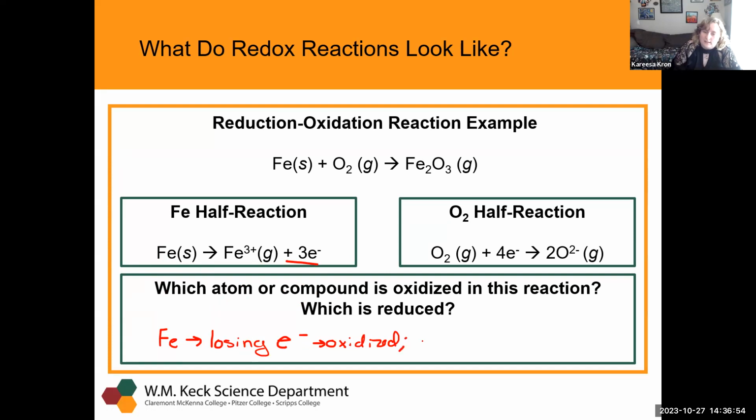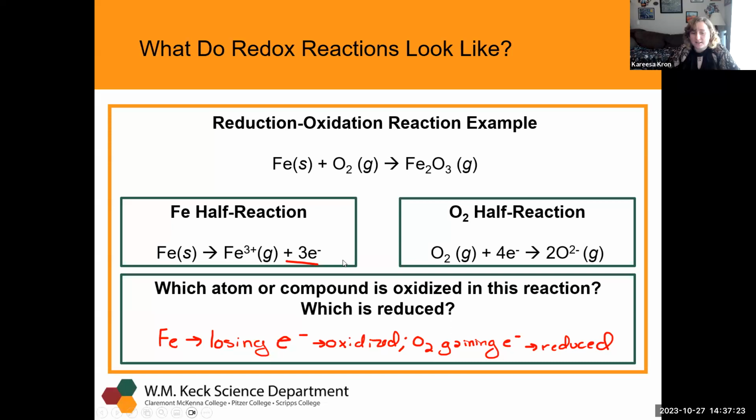On the other hand, O2 is gaining electrons, so it's being reduced. So this is how we can potentially identify something as having been oxidized or been reduced using these half reactions, or looking at what we know about whether it gains charge or loses charge.